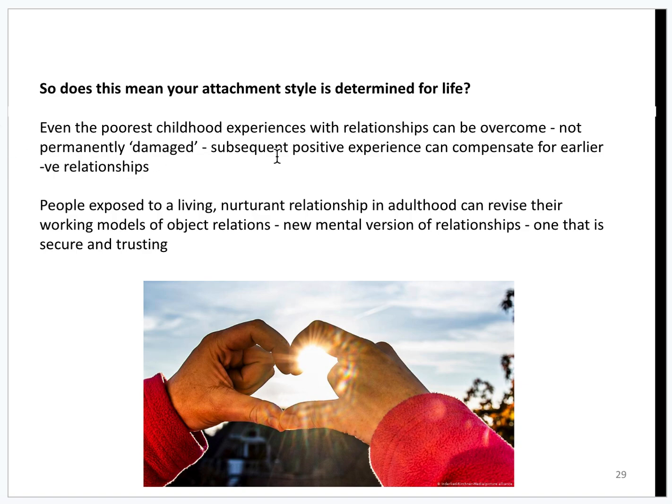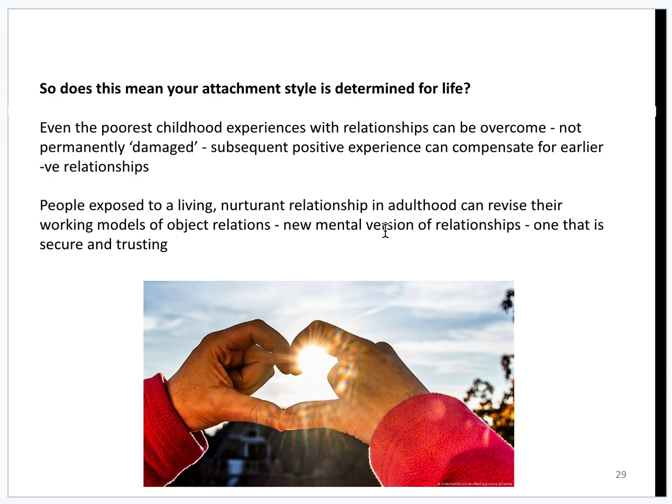Even the poorest childhood experiences with relationships can be overcome. You are not permanently damaged. Subsequent positive experiences can compensate for negative relationships. So people exposed to a loving, nurturing relationship in adulthood can revise their working models of object relationships. You can create new mental versions of relationships.